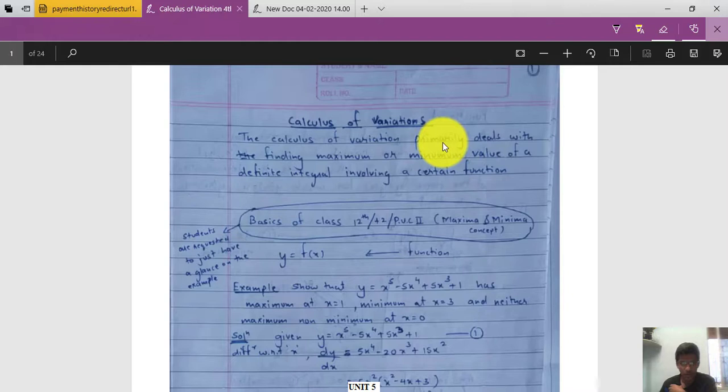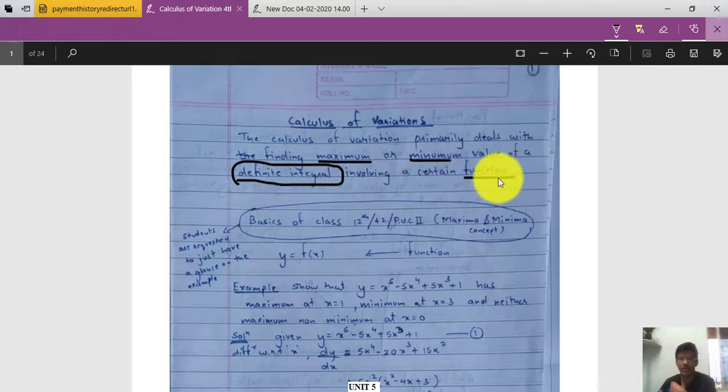What is calculus of variation? Calculus of variation primarily deals with finding the maxima or minima value of a definite integral involving a certain function, right?